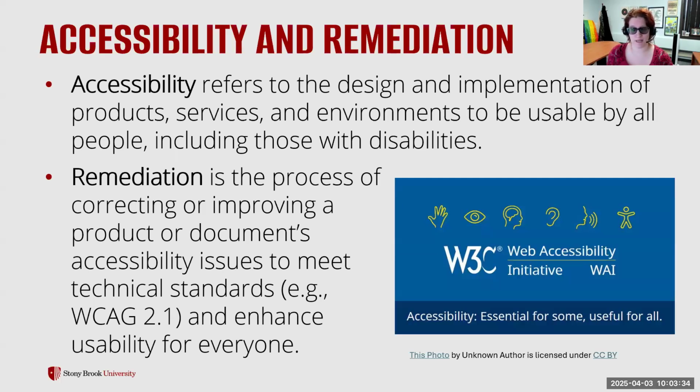And we're basically trying in remediation to enhance usability for everyone. So accessibility, we're trying to talk about making it usable for everyone, irrespective of a timeline. And remediation is an actual process that we follow to correct something that was once inaccessible to make it accessible.